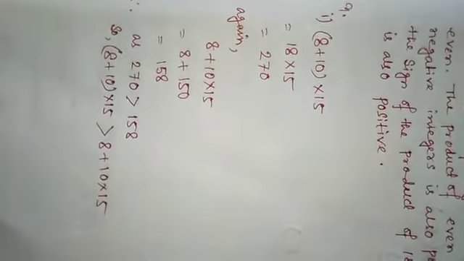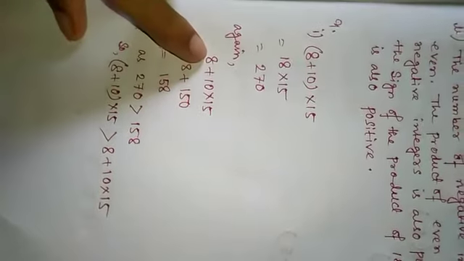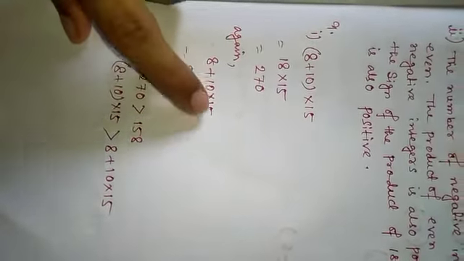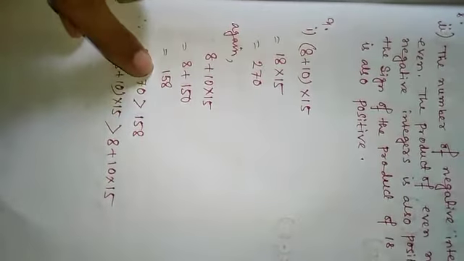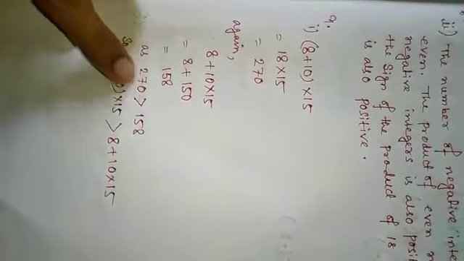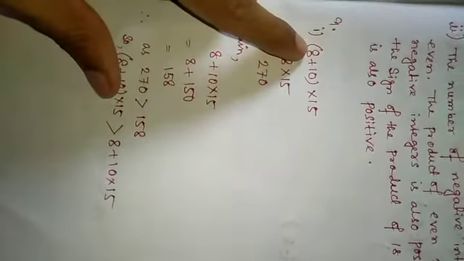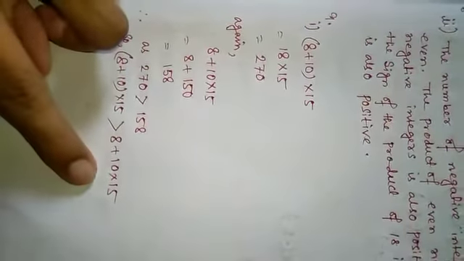And again 8 plus 10 into 15, here we need to first multiply 10 into 15, is not it? So 150 will be the answer, and 8 plus 150 will be 158, and we know that 270 is greater than 158, so the first one, (8 plus 10) into 15, will be greater than 8 plus 10 into 15.